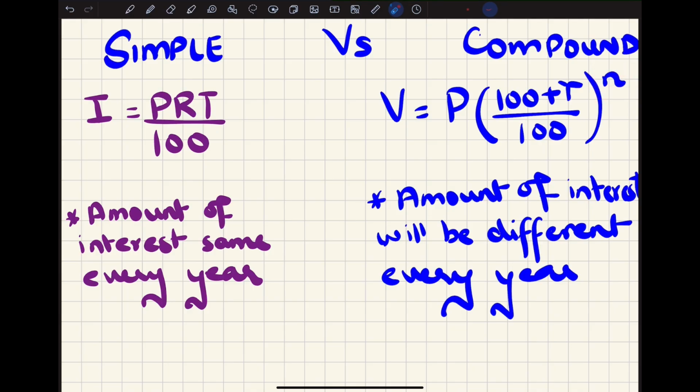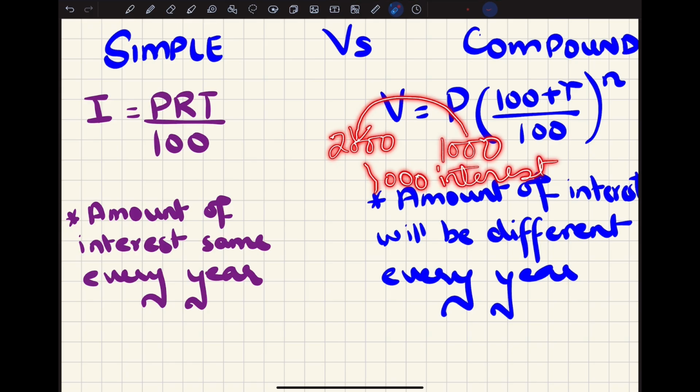Okay, and if you want to calculate the amount of interest that you've earned, what are you going to do? You're going to subtract the principal amount from the final bank balance that you have at the end of n years. So for example, you invested $1,000 and at the end of 20 years, you have $2,000 in your account. So it means 2,000 minus 1,000, so you've earned $1,000 as interest.